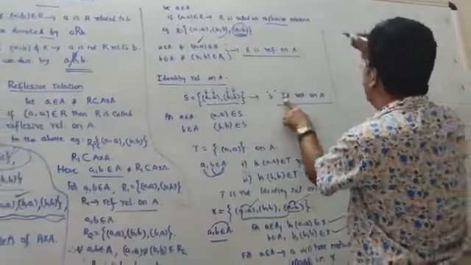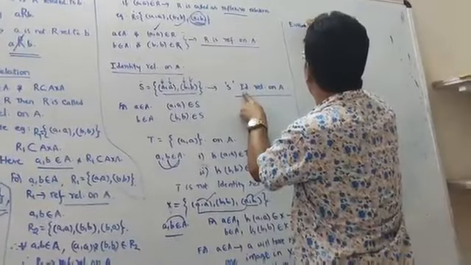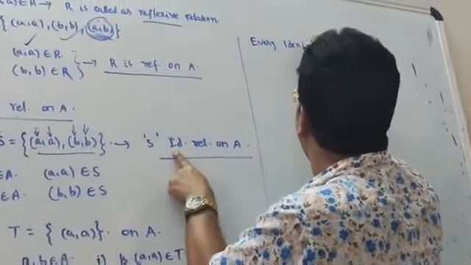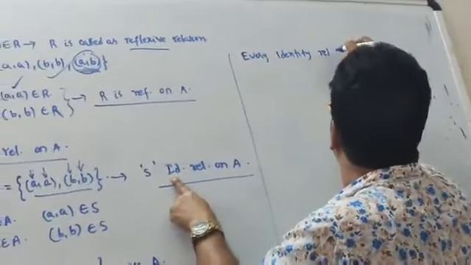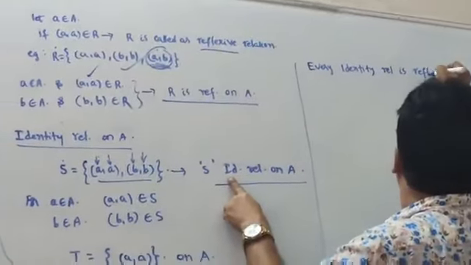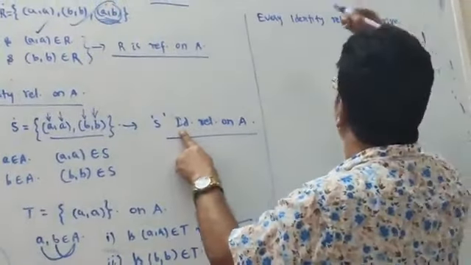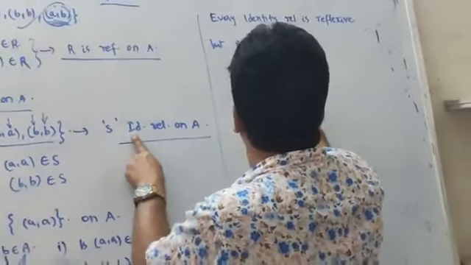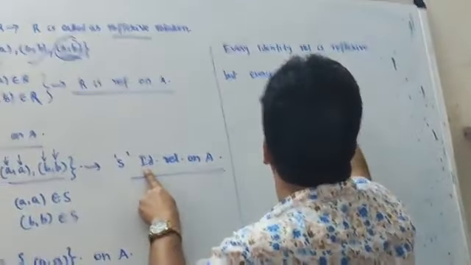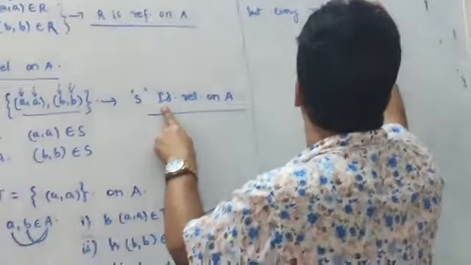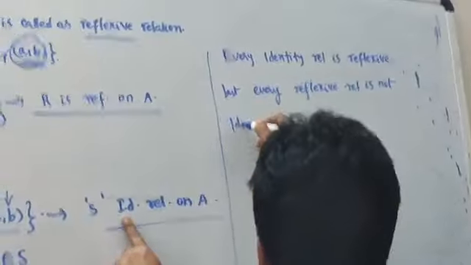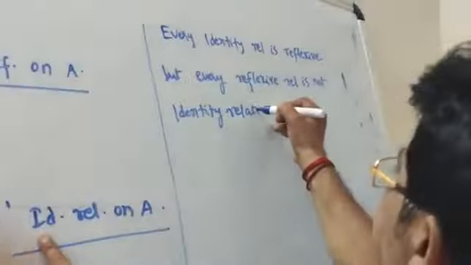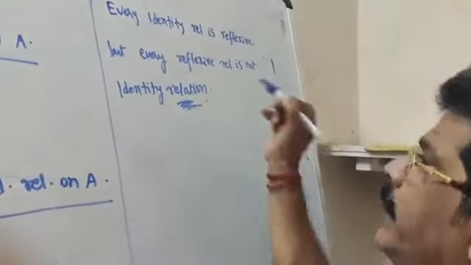By all means, every identity relation is reflexive, but every reflexive relation is not identity relation. This is a very, very important point.